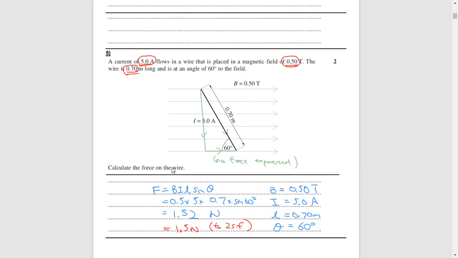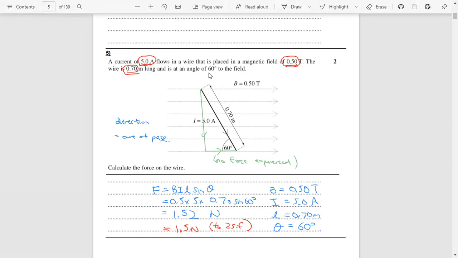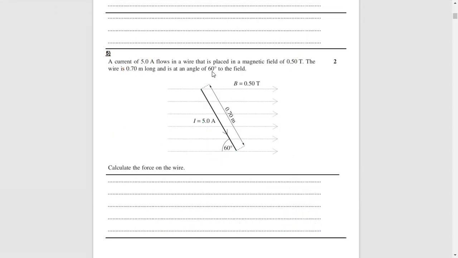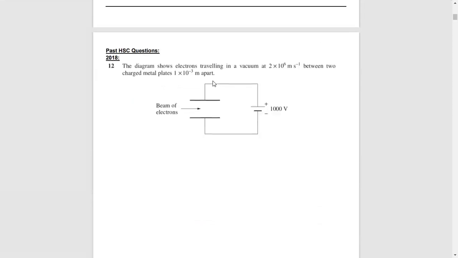If you have the current going down and the magnetic field going to the right, then your right-hand palm rule tells you that the direction, not that you need it for this question, is out of the page. And indeed, this is a fairly simple question, but I just wanted to demonstrate one when it wasn't 90 degrees, because so far we've only talked about 90 degrees.